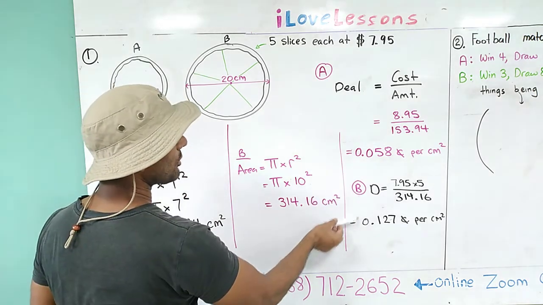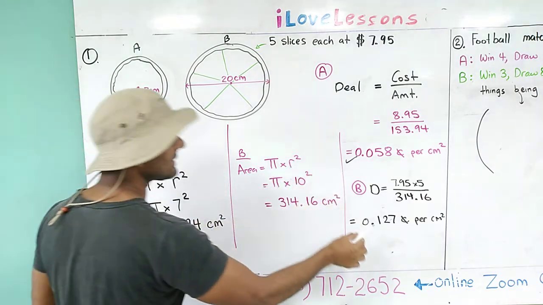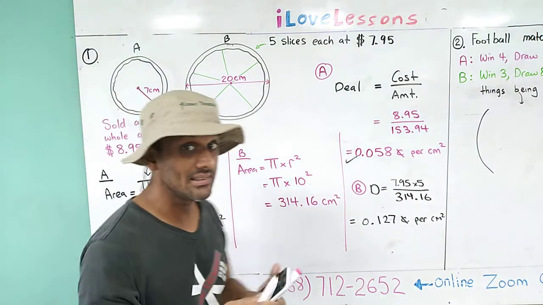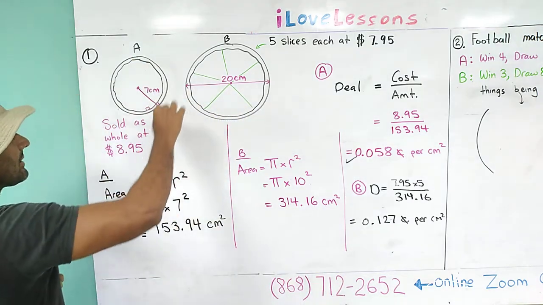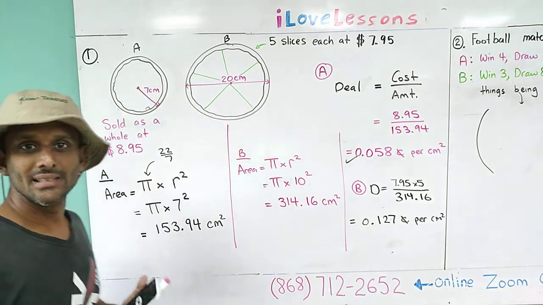Which number is smaller now? This one. Because for this one you're paying 0.127 cents. Remember, the better deal is the smaller of the two numbers. So that means A, having a smaller number, is the better deal.